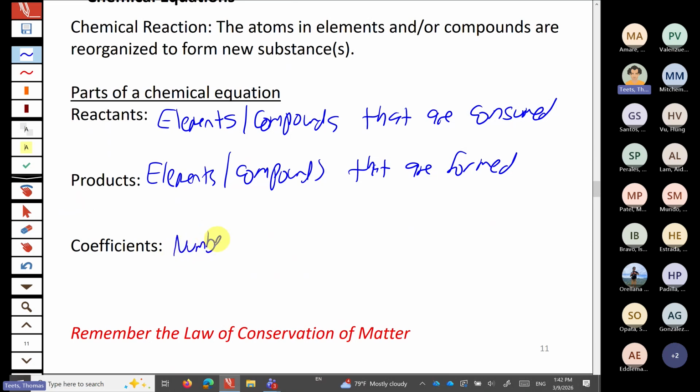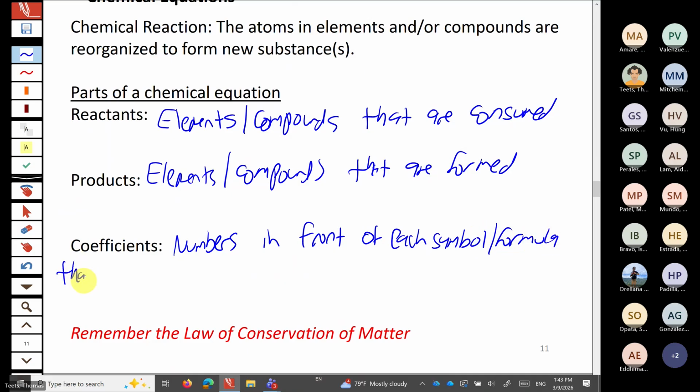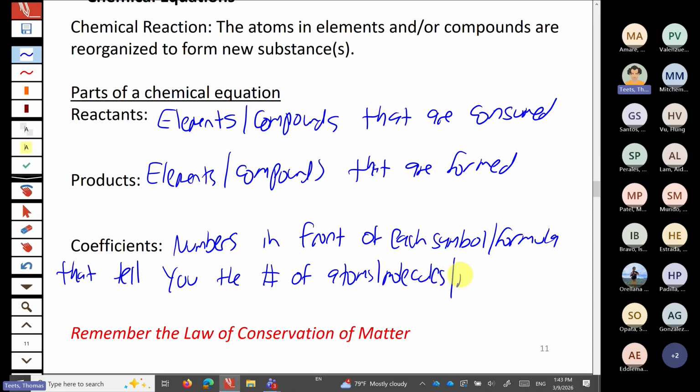These are going to be numbers in front of each symbol or formula that tell you, and you can interpret these in two different ways, but they tell you either at a microscopic level the number of atoms or molecules of each substance that's reacting, or more useful, they also can relate to the number of moles of each substance that's reacting.